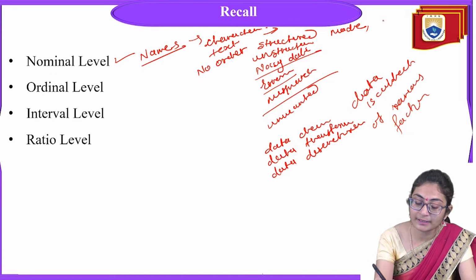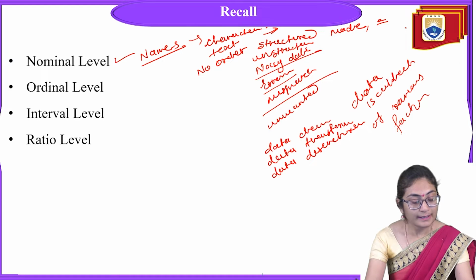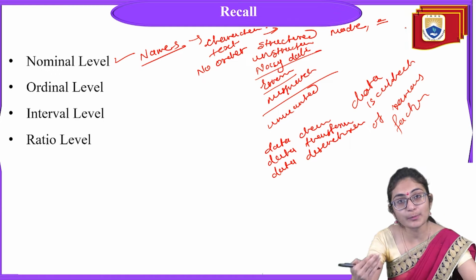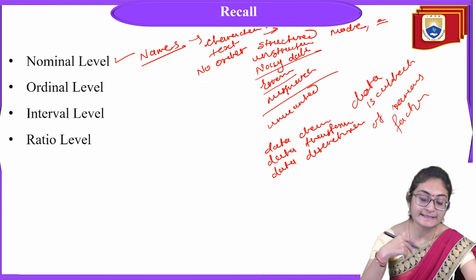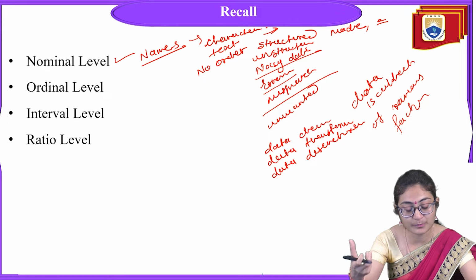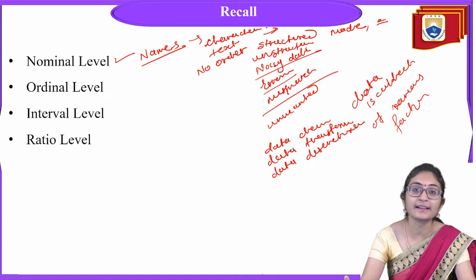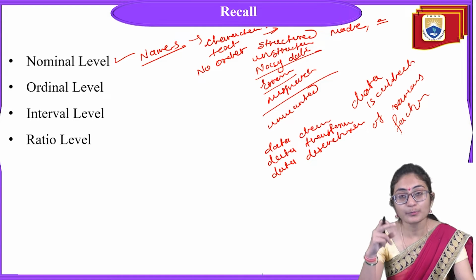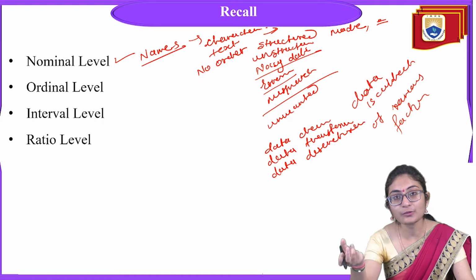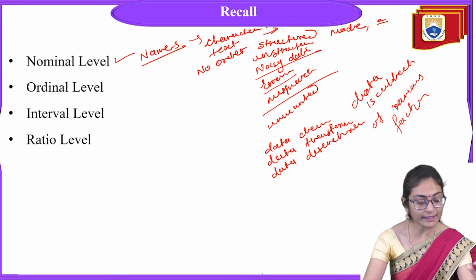It can show the equality of the data. That means when we talk about nominal data, it suggests names, showing some characters or text, but not any order. We are not keeping the data in any order. Because of this, we can find only the mode of the data, and it will show the equality of the data.